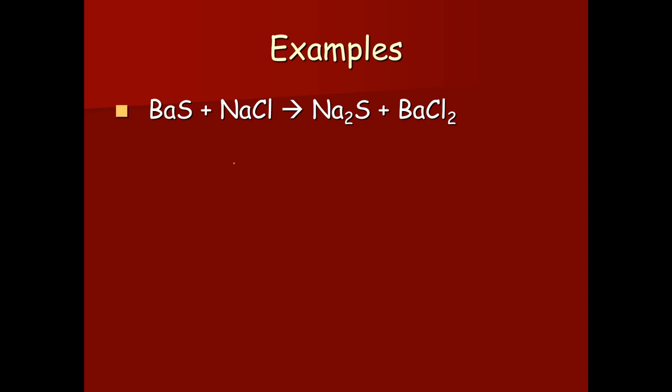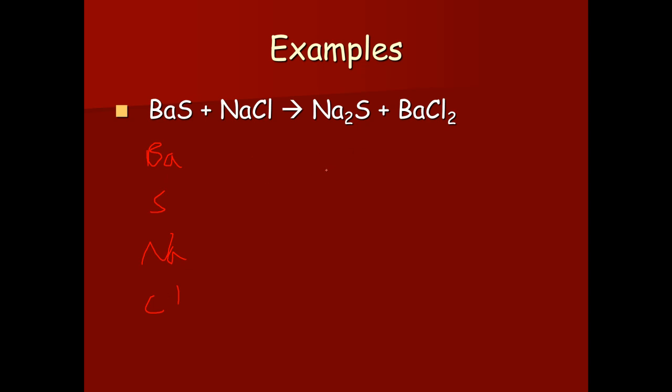Okay, so let me show you the way that I work these and the way that I found helps a lot of people. First thing, write out all your elements, because the first tip was make sure that you have the same elements on both sides. So on this side I have barium, sulfur, sodium, and chlorine. Check, check, check.